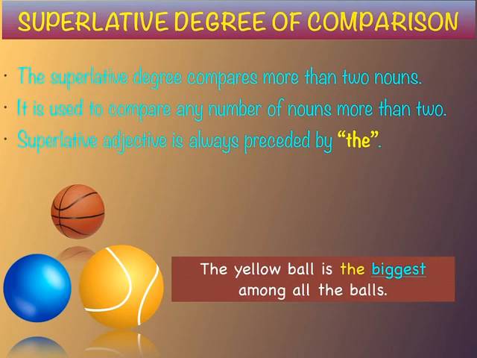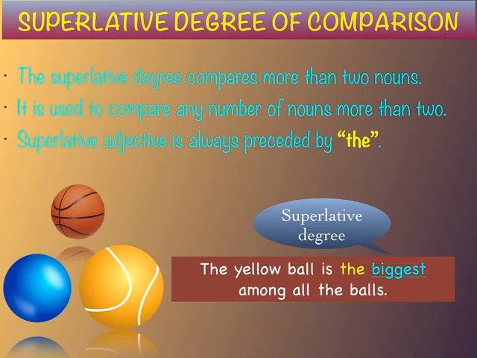So here you can see that there is comparison between three of them, and we have already learned that when there is a comparison between more than two nouns, we have to use the superlative form of adjective. So the adjective biggest is said to be the superlative form of adjective. And we have used the before the superlative degree, that is biggest, in this sentence.